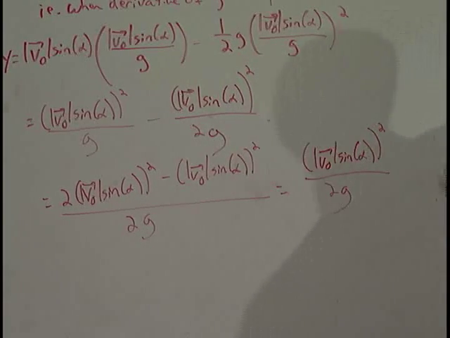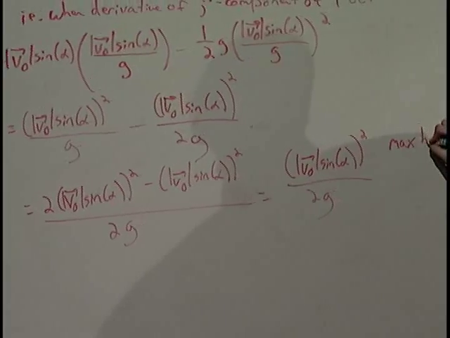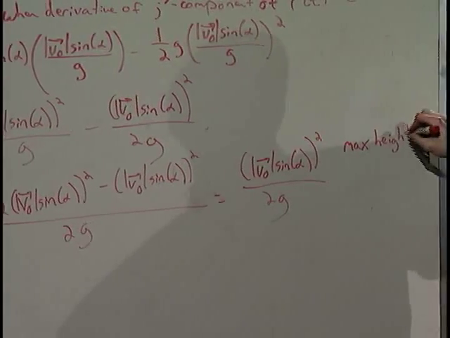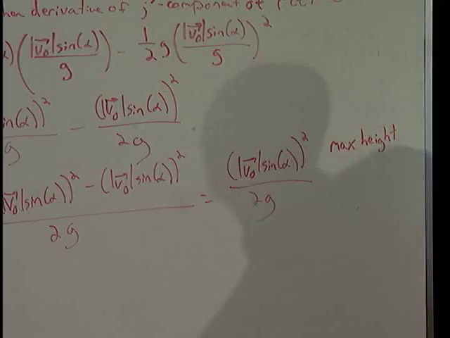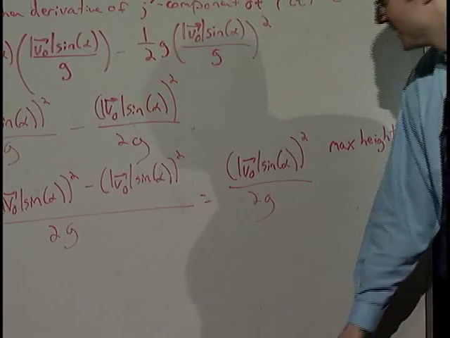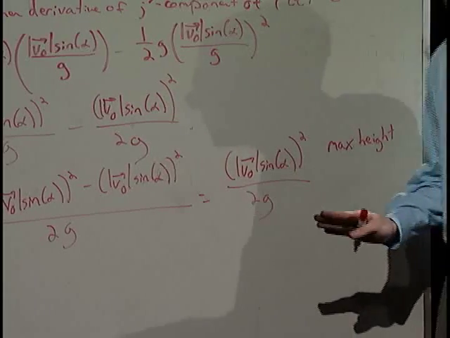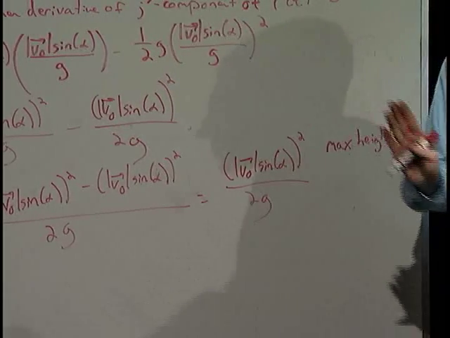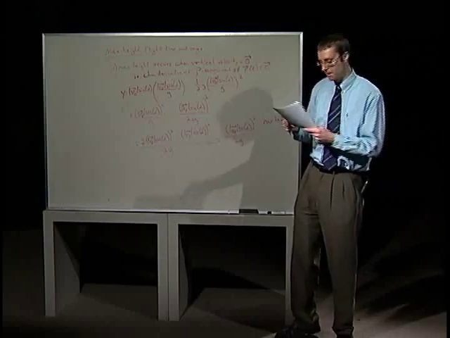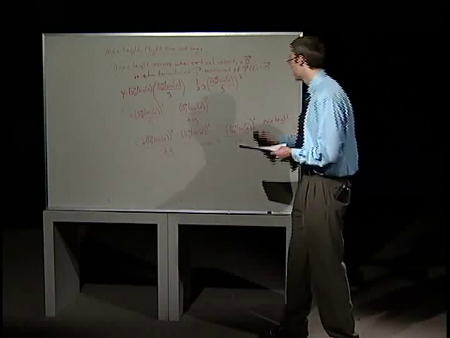So this is the actual maximum height. Notice this depends on the angle alpha, which should make sense. If you fire at a lower angle versus a higher angle, a different max height is going to occur. Okay, so there's your max height formula.